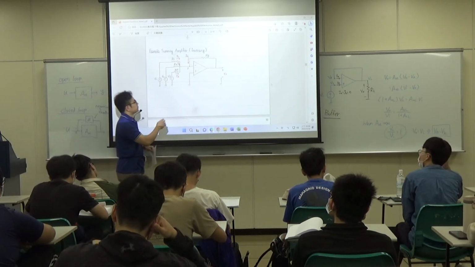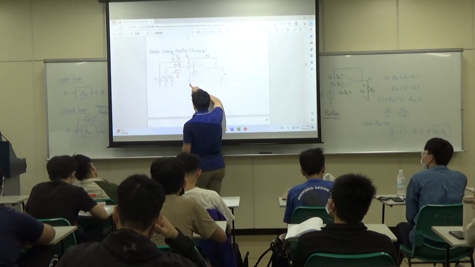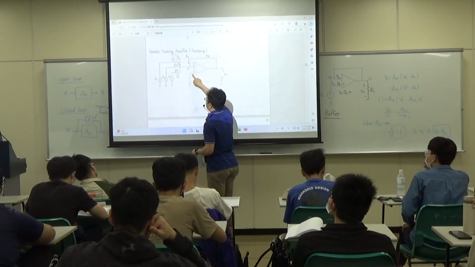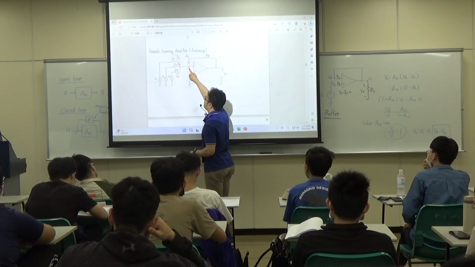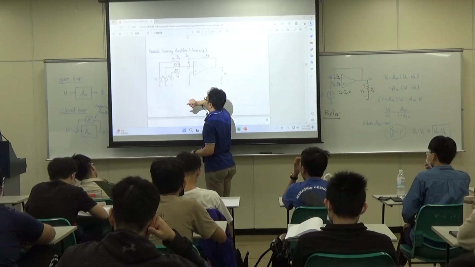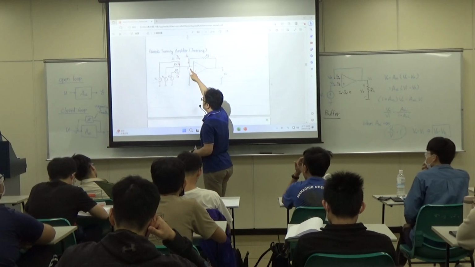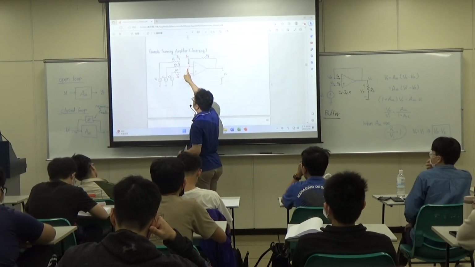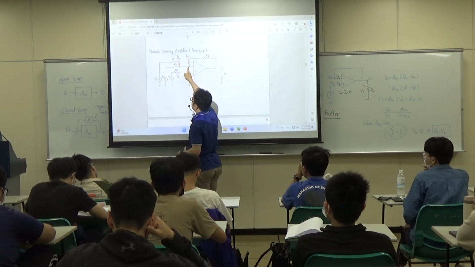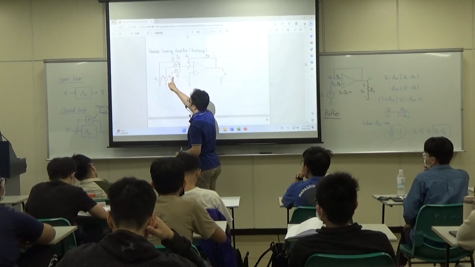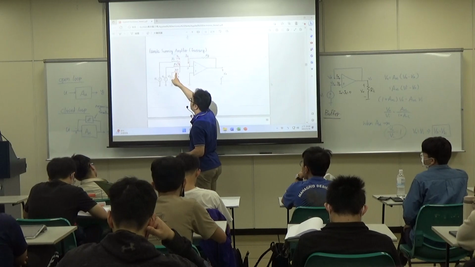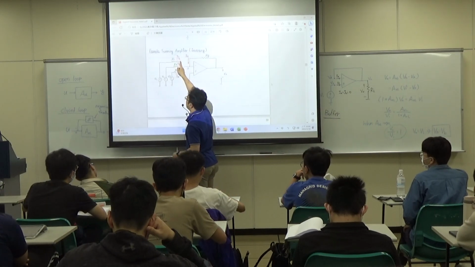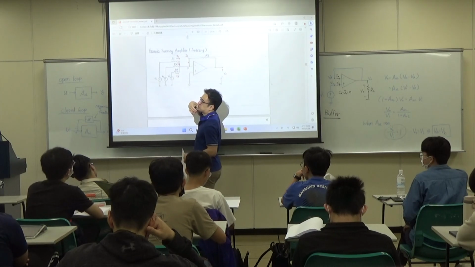So we know, since we connect one end to the ground, the voltage at point A is 0, right? And then since we know the voltage at A is 0, if we are given V1, V2, and V3, and we are given R1, R2, and R3, we can calculate I1, I2, and I3, right?